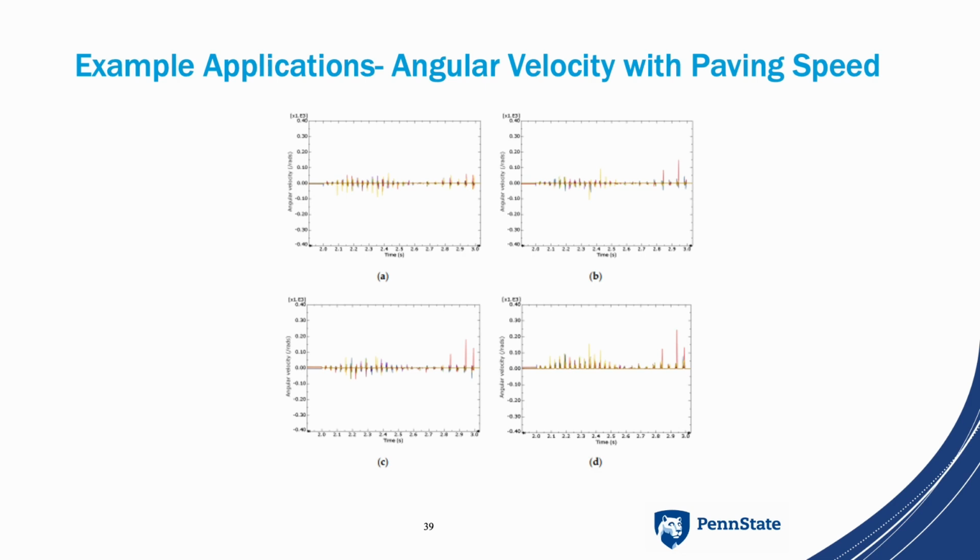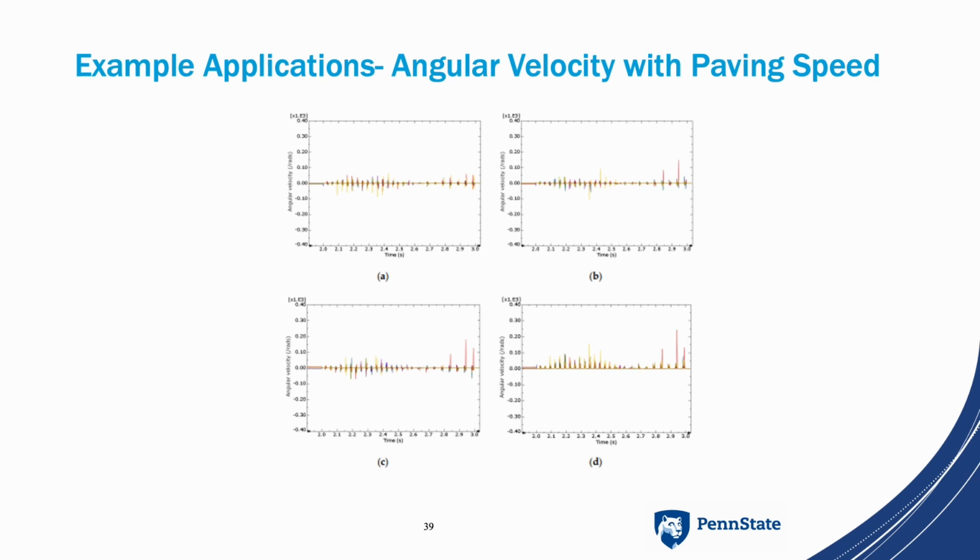For 4 meters per minute, the angular velocities oscillate between minus 0.4 and 0.4, as indicated in the preceding subsection. When the speed was raised to 5 meters per minute while the other parameters remained constant, the angular velocity of the aggregates fell in all directions, with a maximum peak of 0.3, indicating that the compaction was not as good as when the speed was at 4 meters per minute.